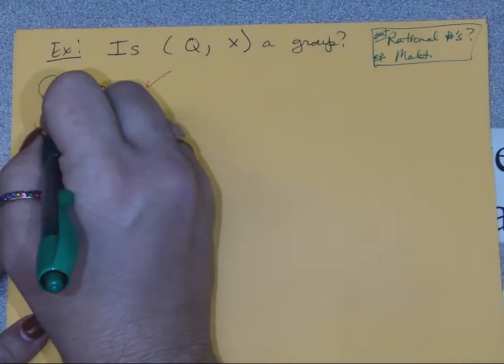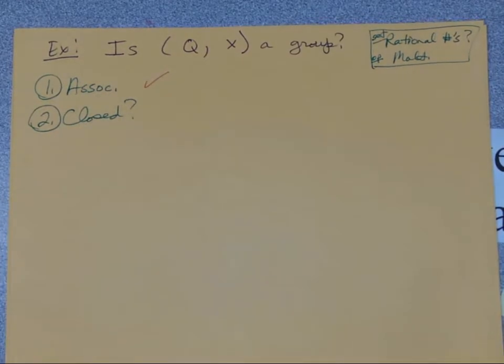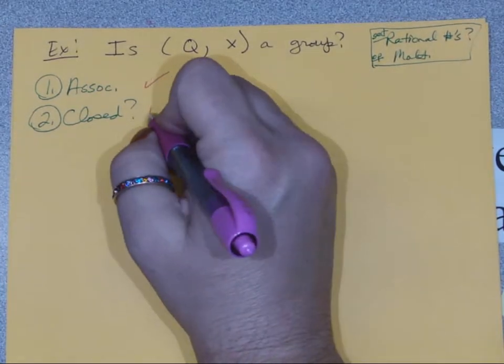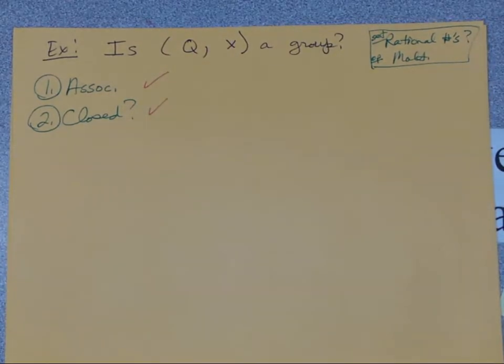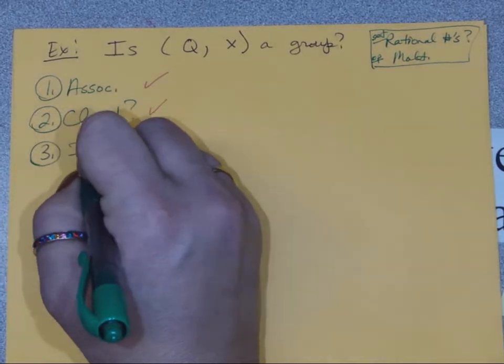Number 2, is it closed? Well, let's think about that. I multiply a rational number, a fraction times a fraction. Do I get a fraction? Yes, I do. Think about it, work on it if you're not sure. Number 3, is there an identity?